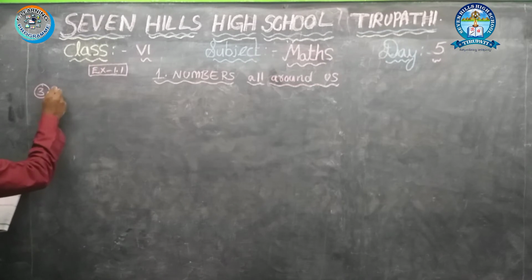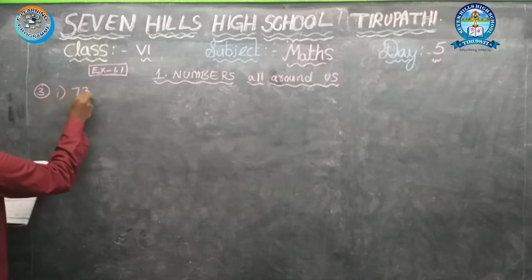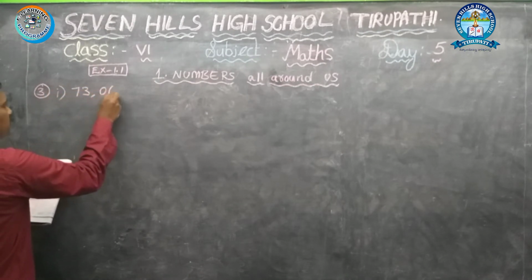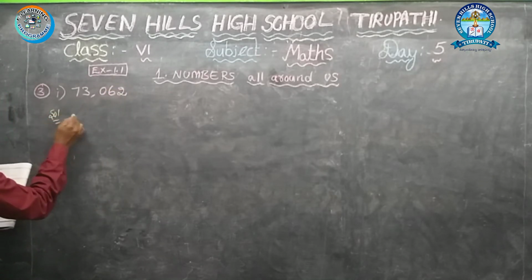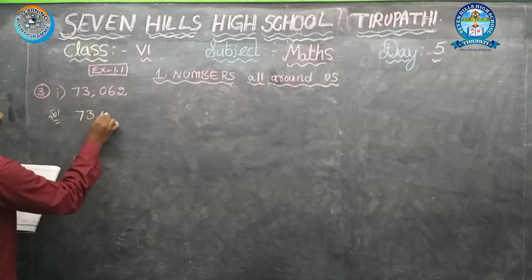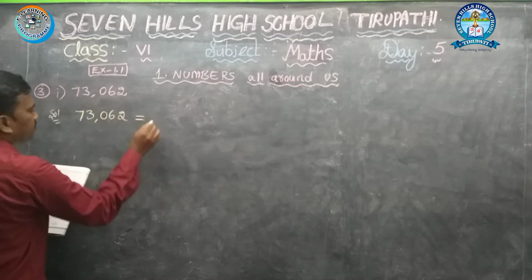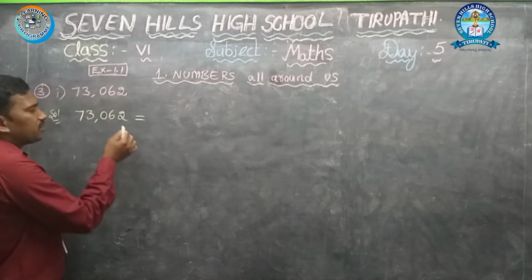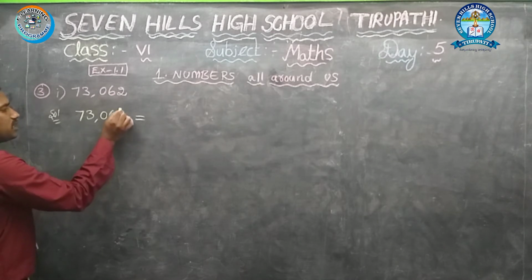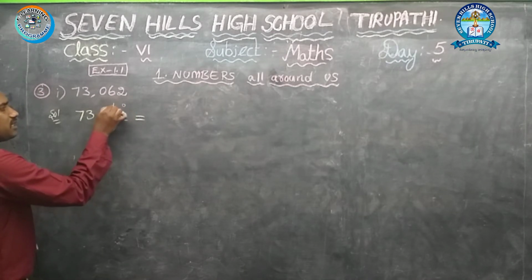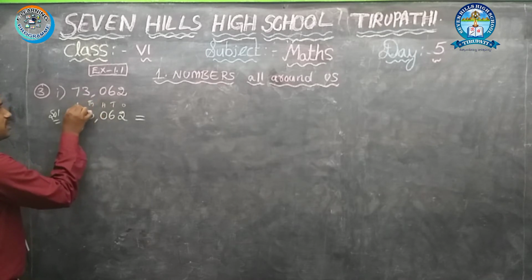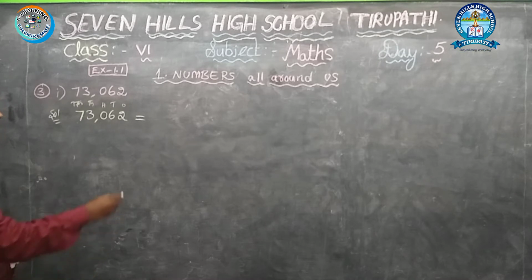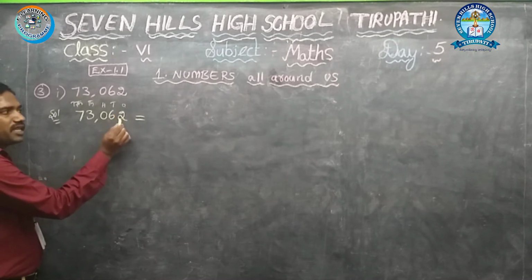Here the first question is 73,062. We know the place value table: ones place, tens place, hundreds place, thousands place, 10,000s. How many ones are there? 2 ones.